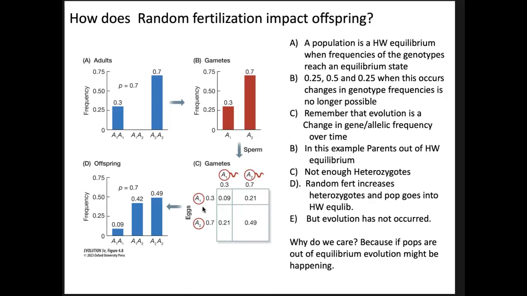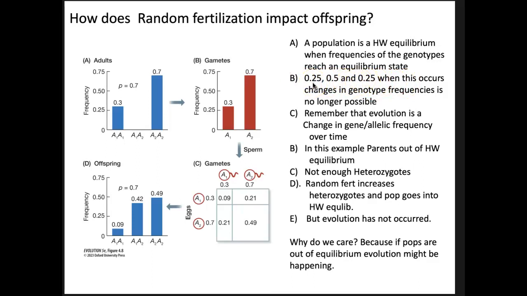Okay? Now, a population can get into Hardy-Weinberg equilibrium for a particular allele because an allele can become fixed in a population, right? And so what this is here on letter B, I'm giving you an example of when a population is in Hardy-Weinberg equilibrium, and these are frequencies, okay?